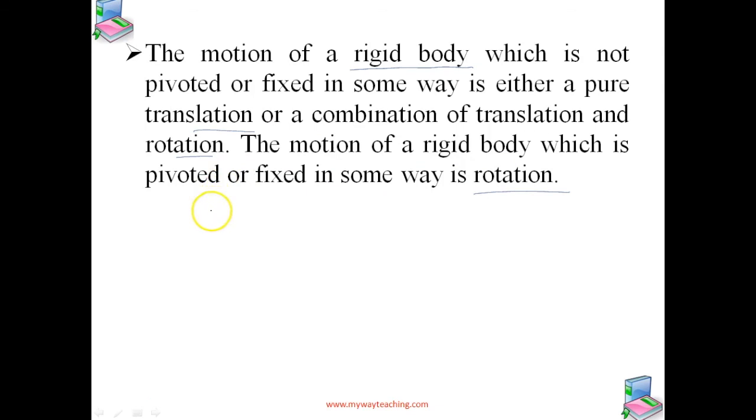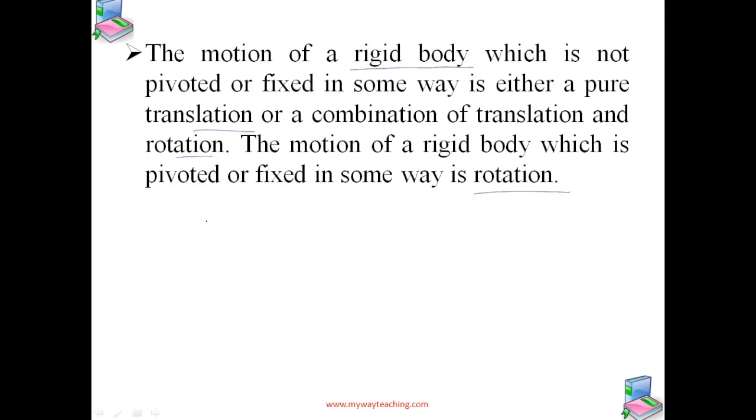You got this right? If it is not fixed to a particular point or in a particular way, then it is either a pure translation or a combination of translation and rotation. We just saw examples of pure translation before, and even for this combination we just saw the example of that fan.